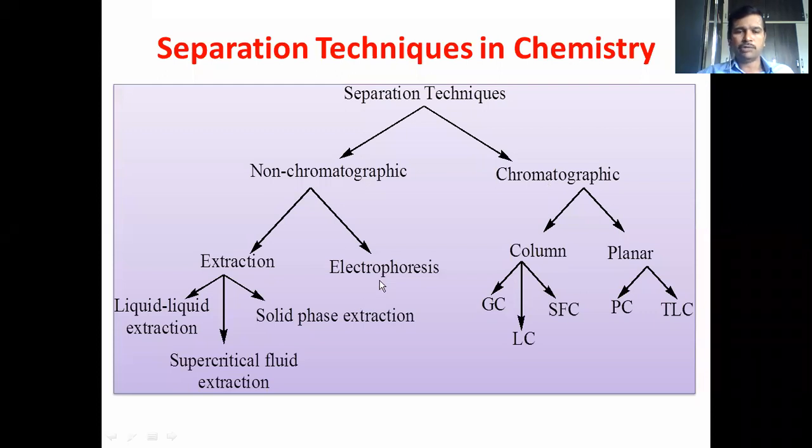Say, positively charged species will migrate towards the cathode, and negatively charged species will show migration towards the anode. Of course, we can reverse this too. We can make negatively charged species migrate towards the anode and positively charged species migrate towards the cathode.